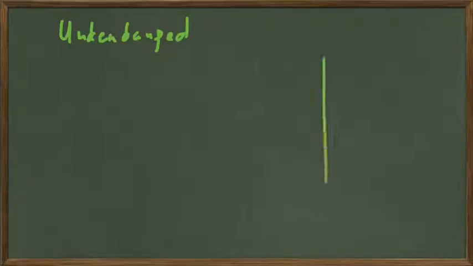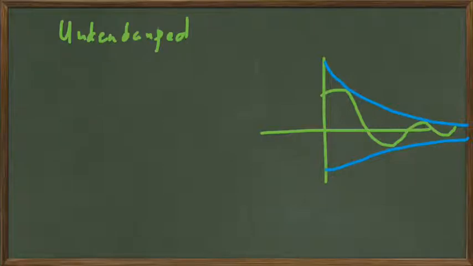In the underdamped case, think of this as the shock absorber is not quite working as well as it should, and so while you'd like to return to equilibrium quickly, it takes a little longer to do that.